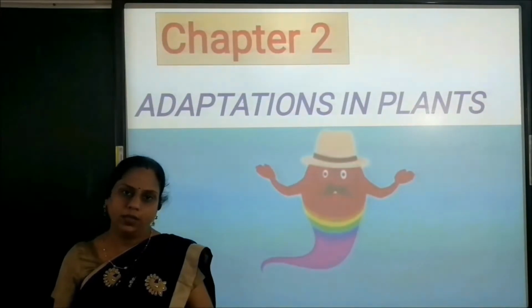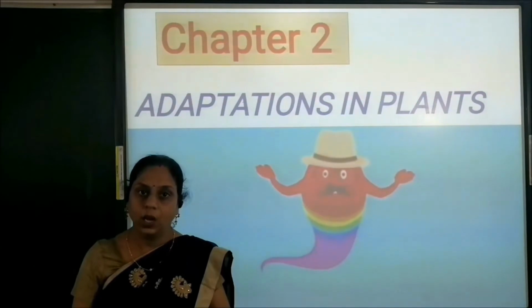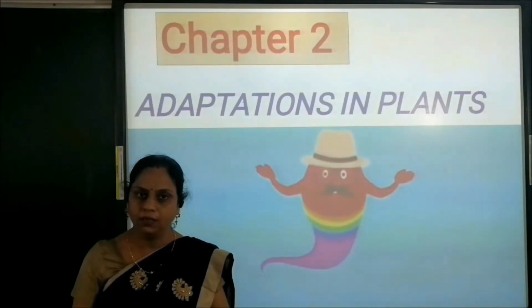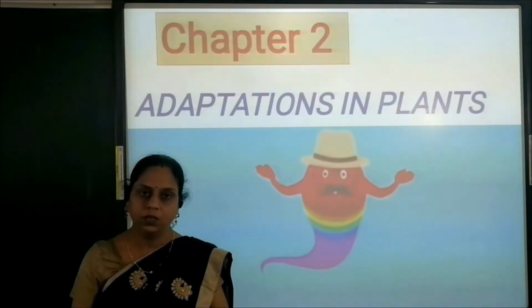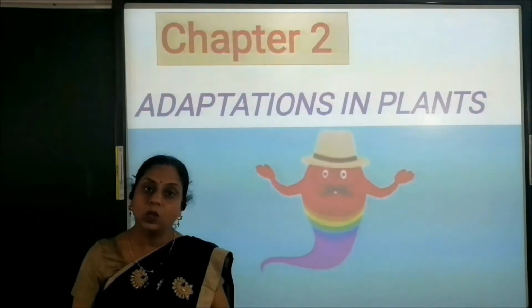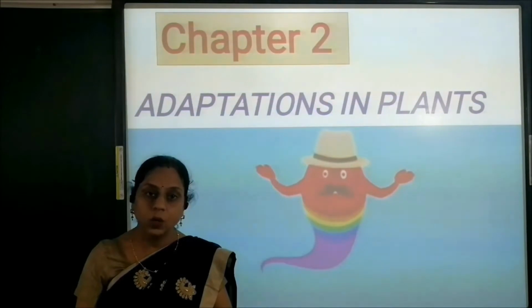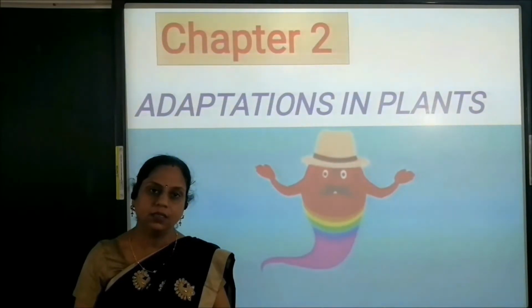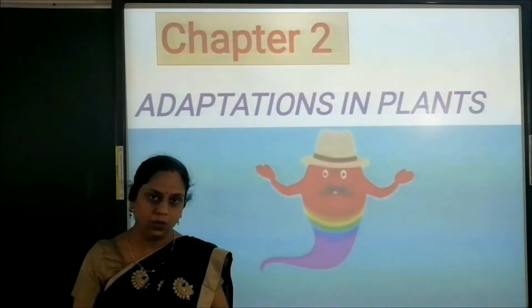Tell me children one thing. Have you ever seen a lotus growing on land or a cactus growing in water? No. Why? Because lotus grows in water and cactus grows in desert areas because it requires sandy soil to grow.